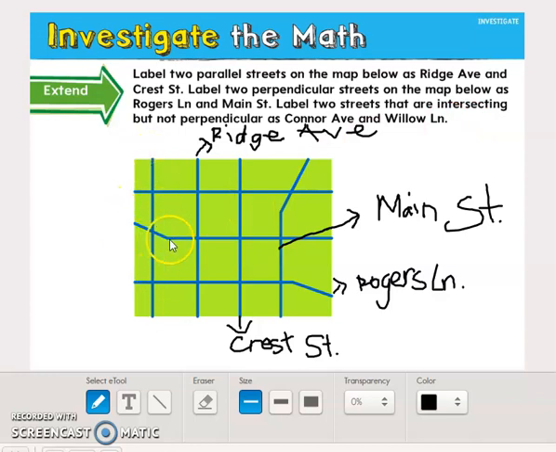So I'm going to take this street and this street right here, and I'm going to label them. This one right here is going to be Connor Avenue. And this one right here as Willow Lane.